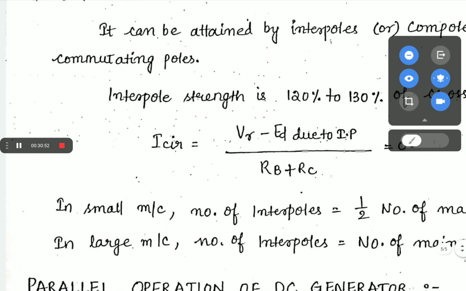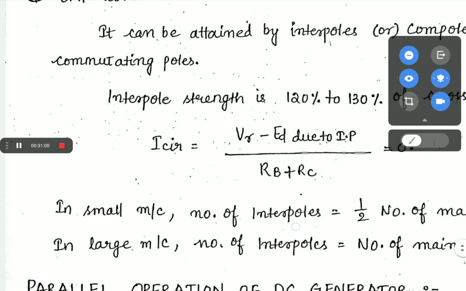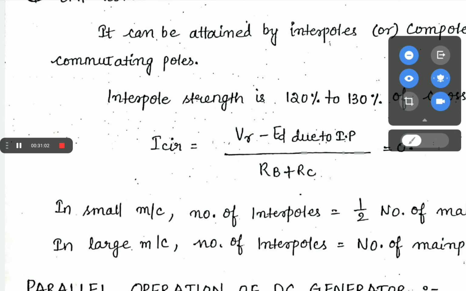Interpole strength is 120% to 130%. Usually in small machines the number of interpoles is half of the number of main poles. In large machines the number of interpoles is taken as equal to the number of main poles.